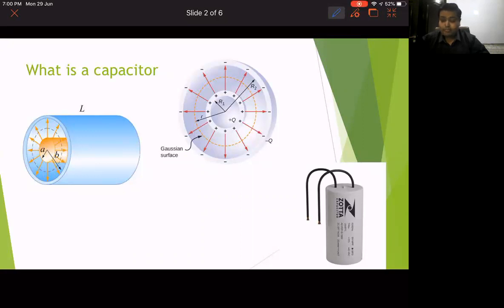And what are they termed as? This capacitor is labeled as a spherical capacitor. Why is it a spherical capacitor? The reason is that the plates of this capacitor, repeating once again, the plates are spherical in shape.